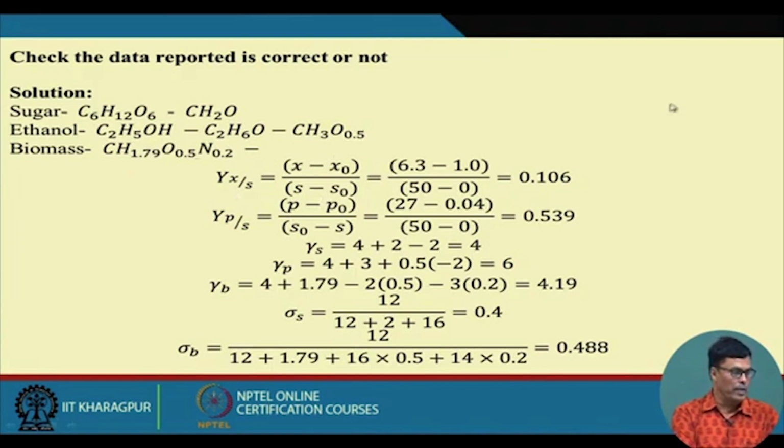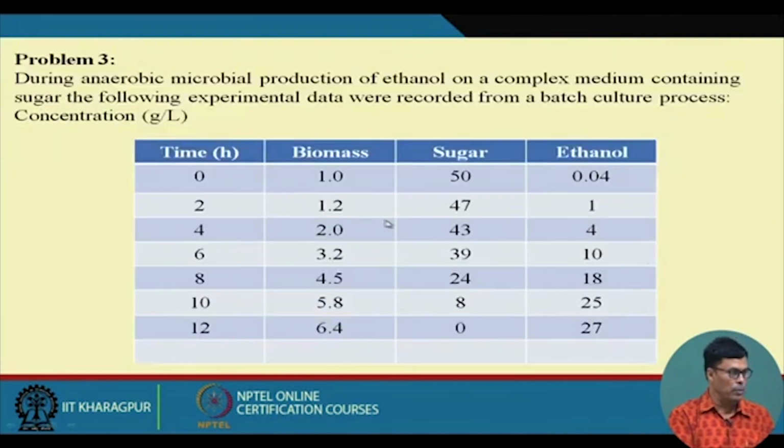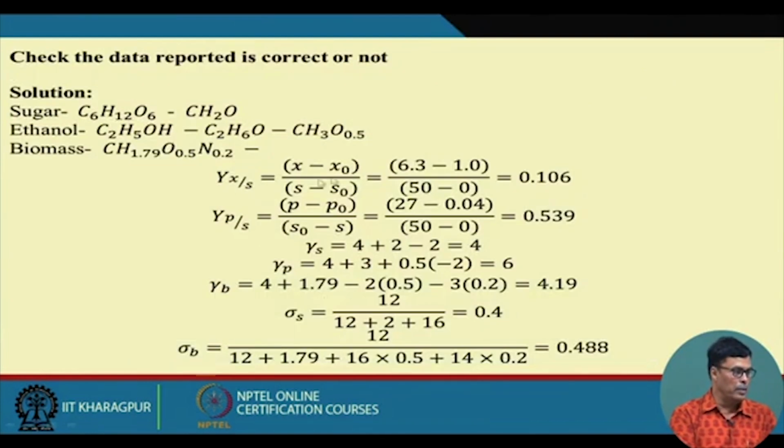Now from the experimental results, we know the initial and final substrate concentration, the initial and final product concentration, and the initial and final biomass concentration. Since we know that, we can easily calculate x minus x0 over S0 minus S, the change in biomass over the initial substrate concentration minus the final substrate concentration.